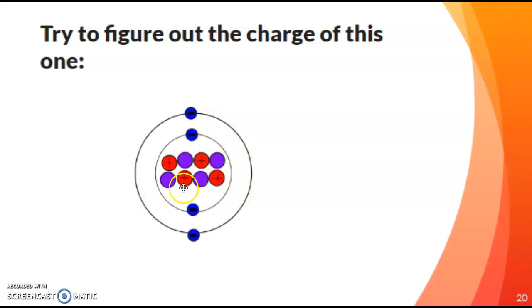So I've got 4 pluses in my nucleus, and 1, 2, 3, 4 negative electrons. +4 -4, what does that equal? 0, that's right. So this is not an ion, this is a regular atom. Protons and electrons are equal, there's no charge on this atom.